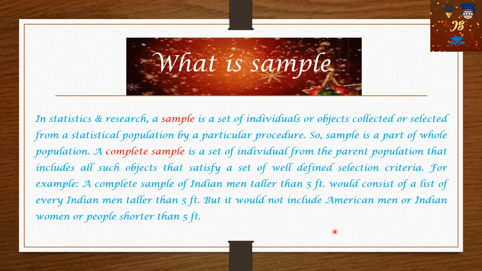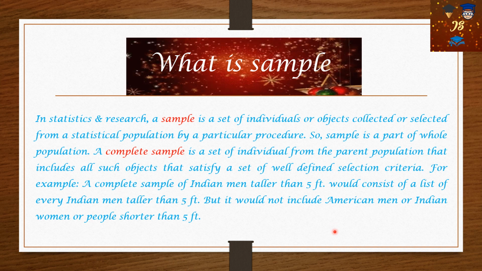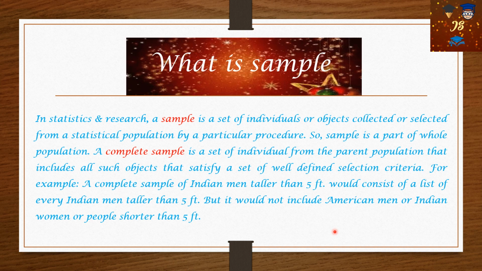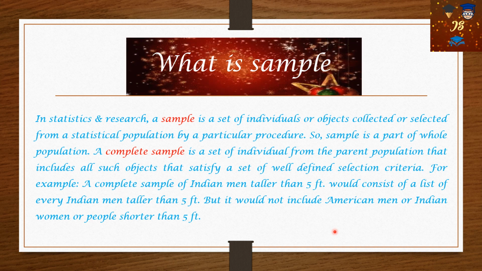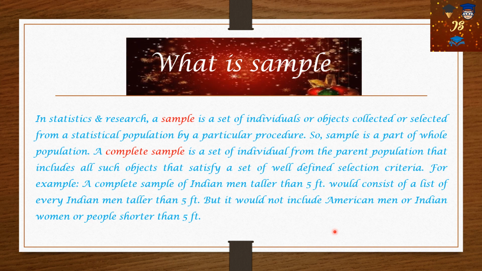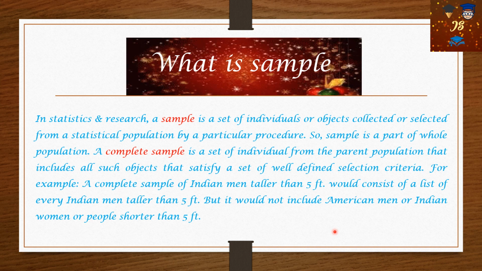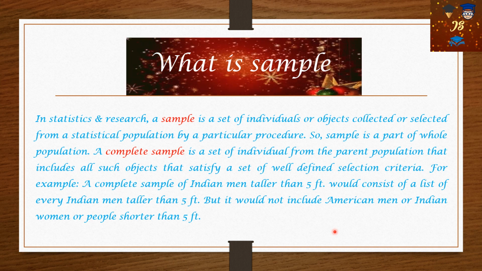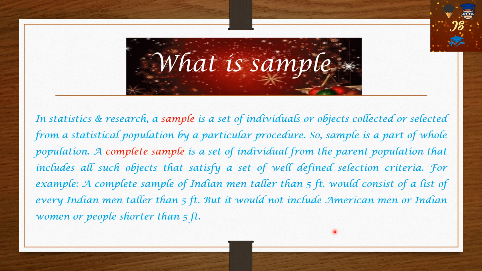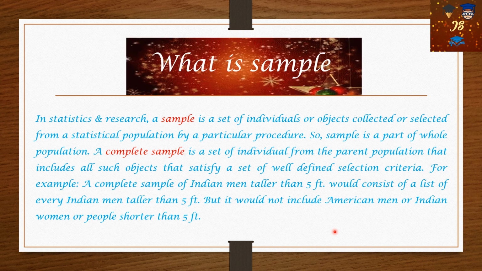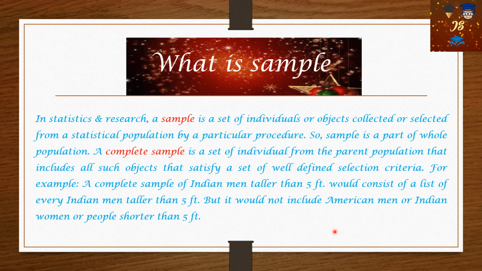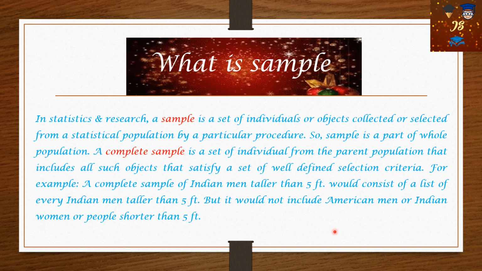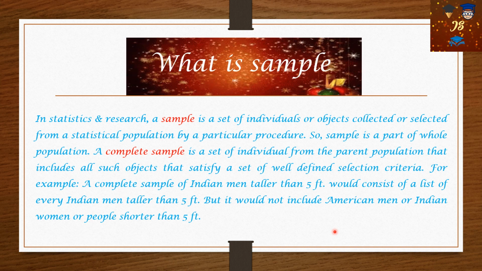That means if we think about what is the physiology of the Indian men who are taller than 5 feet, if this is the topic or hypothesis of our research, then we will take the sample, say of 1000 or 500 Indian men taller than 5 feet, and we will examine and note down all the physiological details of that particular group of sample.